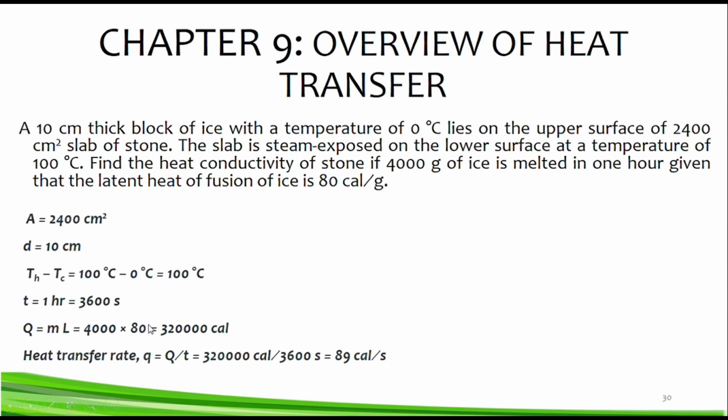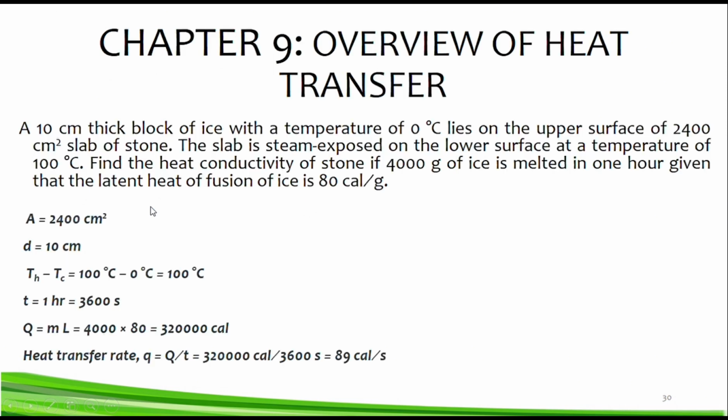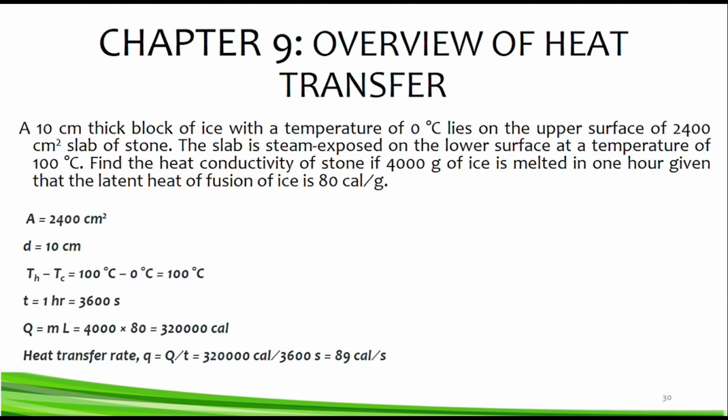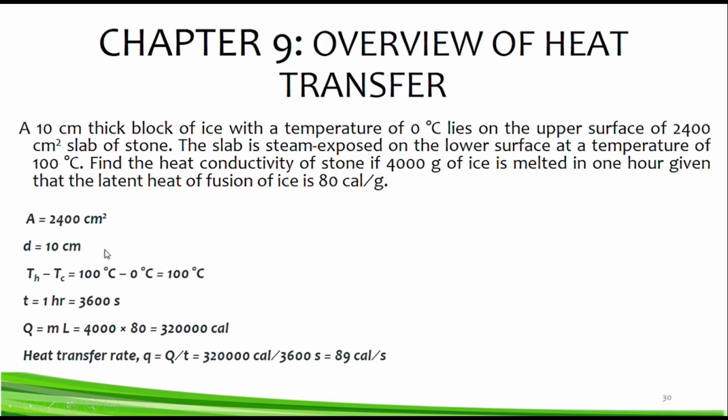Let's get back. We have 89 as our rate of heat transfer, 89 calories per second, times the thickness, which is 10, over the area, which is 2,400.